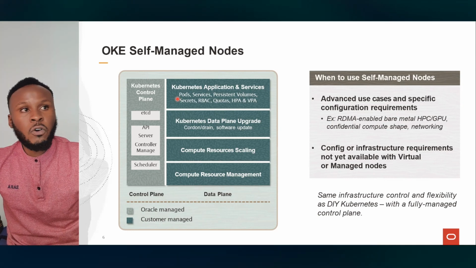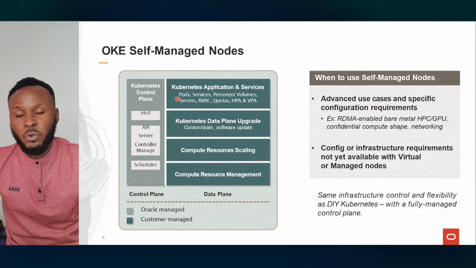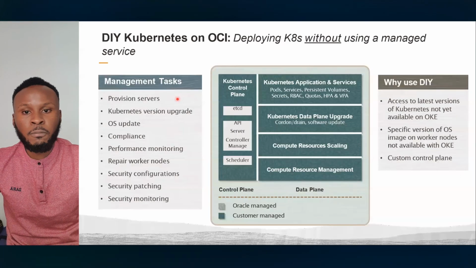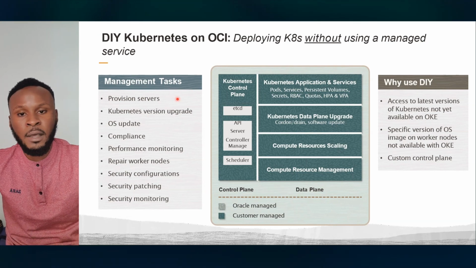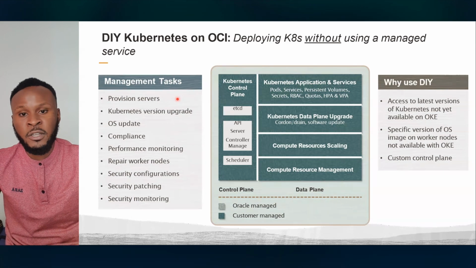The other option, of course, is where you do everything yourself. So in this case, you just create the compute nodes, install the Kubernetes software within them, and you'll be the person to manage the entire architecture, including the Kubernetes infrastructure that you've installed.